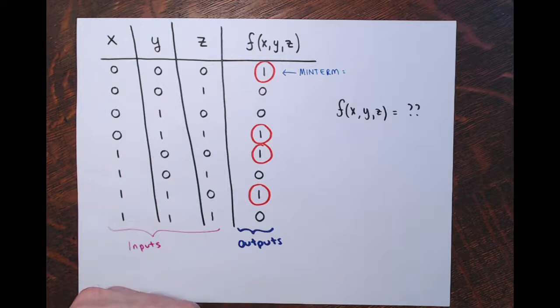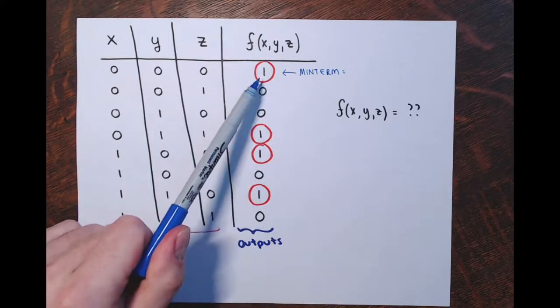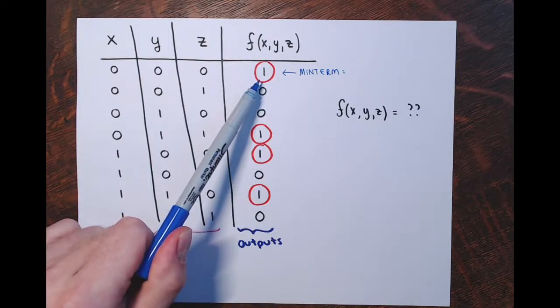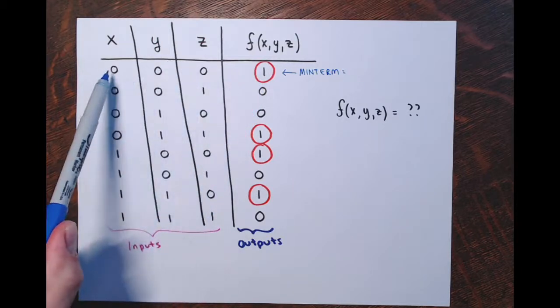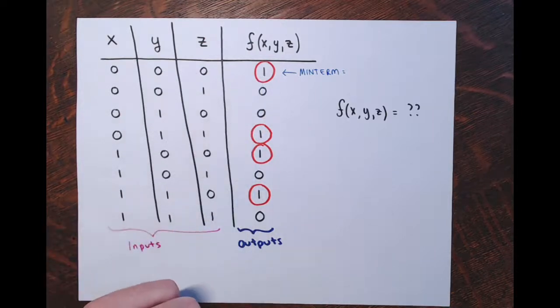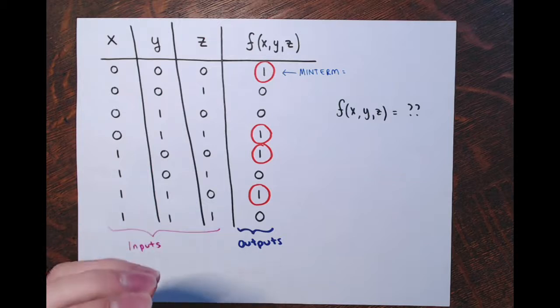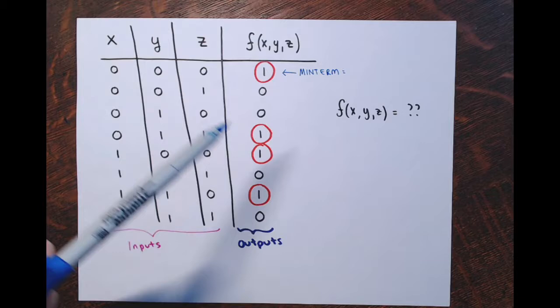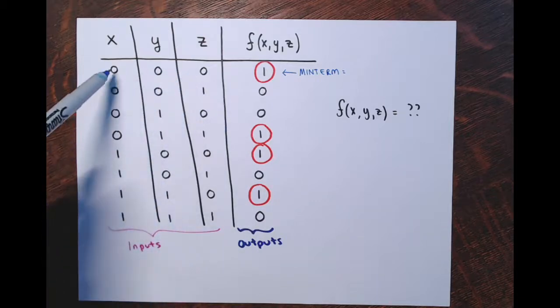Now remember, I want this min term to give me a product equal to 1. Well, in this row, it's 0 times 0 times 0. That's not giving me 1. The only way you get a product equal to 1 is if the value of every factor, every literal, is 1. So change all these 0s into 1s.